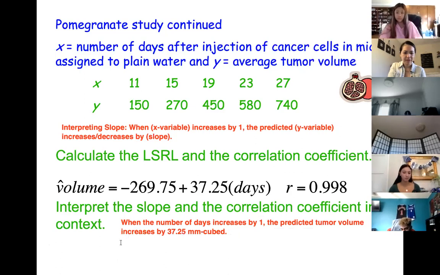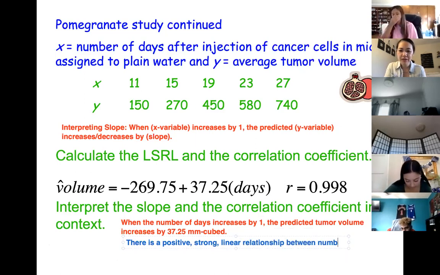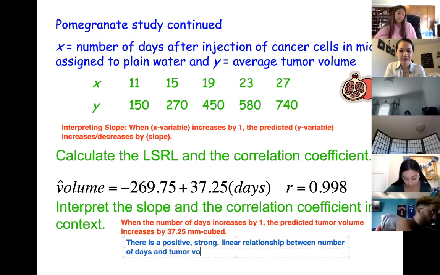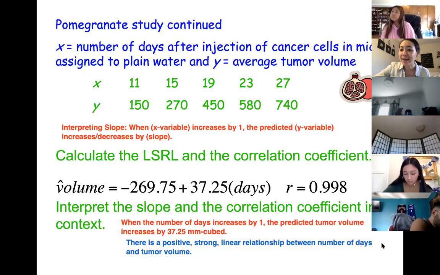I would say there is a positive, strong, linear relationship between number of days and tumor volume. And that is how I would interpret the correlation coefficient of 0.998.